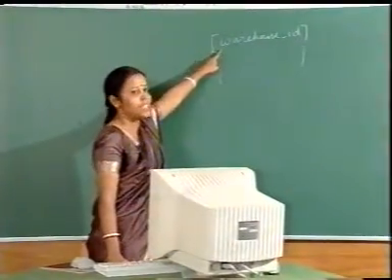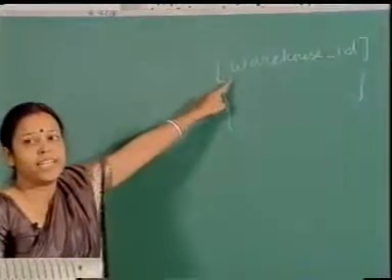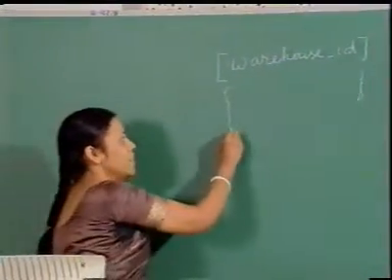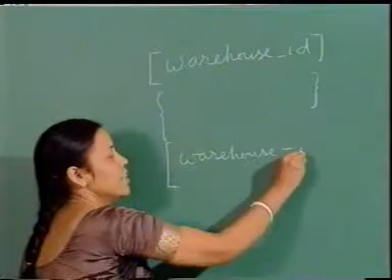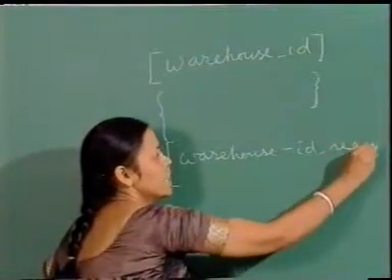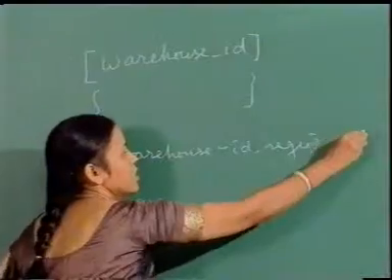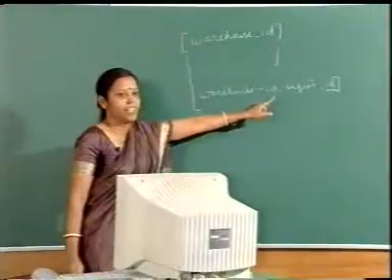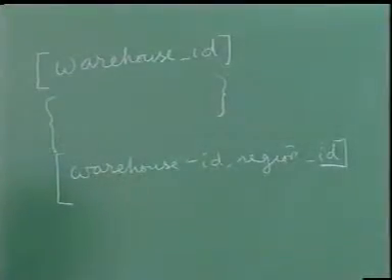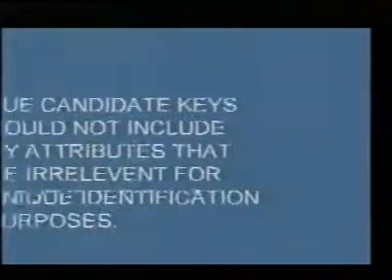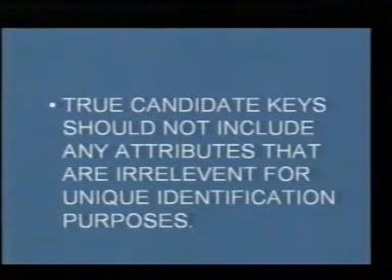For example, in this case, warehouse ID is a simple candidate key. But if the combination of warehouse ID and region ID is a candidate key, then we can say this is a composite candidate key. True candidate keys should not include any attributes that are irrelevant for unique identification purposes.